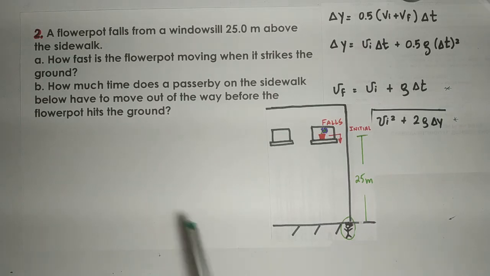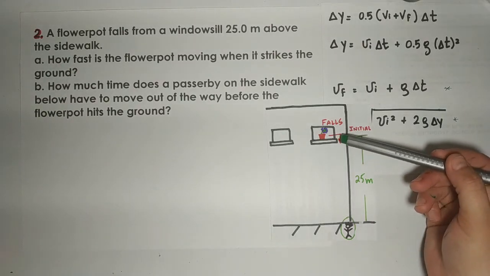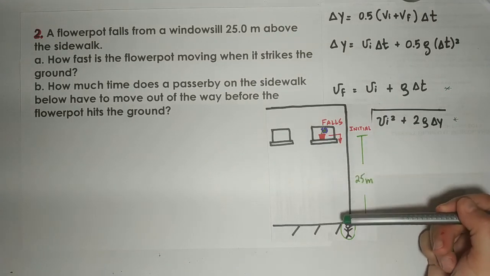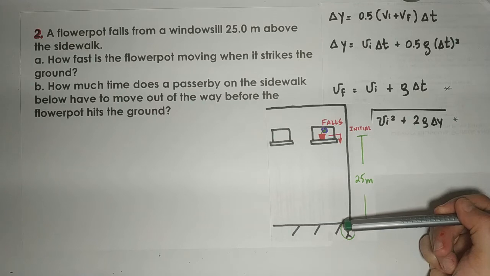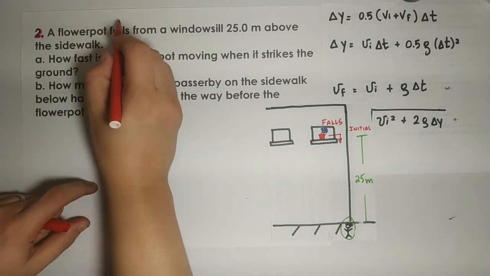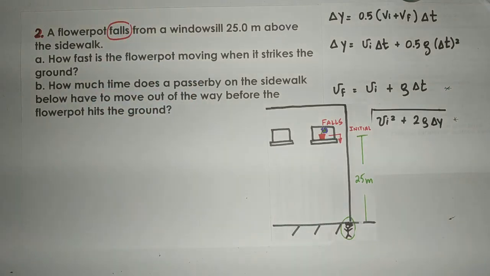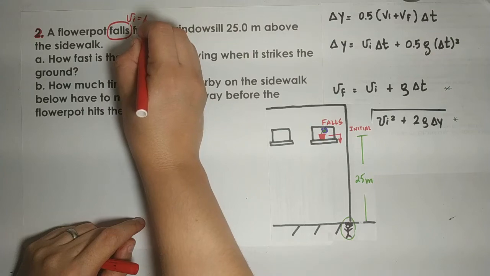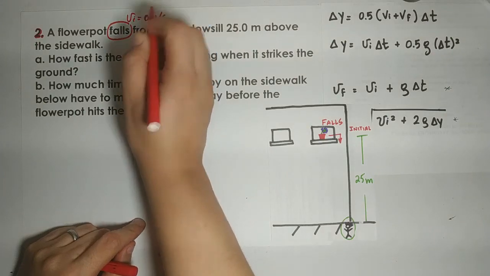And the other question is how fast, with which velocity, it is going to hit the ground. And also another important key word here: when it says falls, as I already told you in the exercise before, it means 0 meters per second.